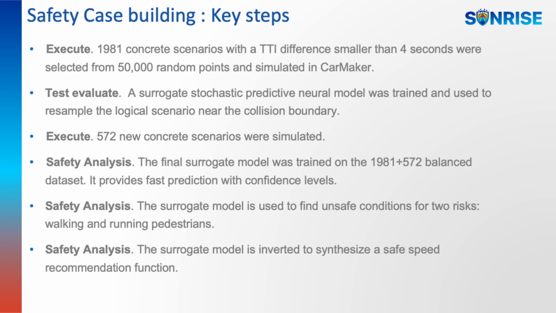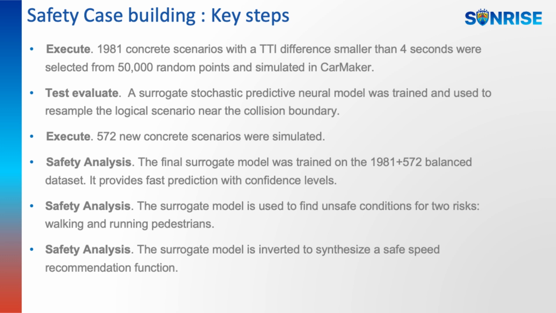Execute. 1981 concrete scenarios with a TTI difference smaller than 4 seconds were selected from 50,000 random points and simulated in CarMaker. Test, evaluate. A surrogate stochastic predictive neural model was trained and used to resample the logical scenario near the collision boundary. Execute. 572 new concrete scenarios were simulated. Safety analysis.